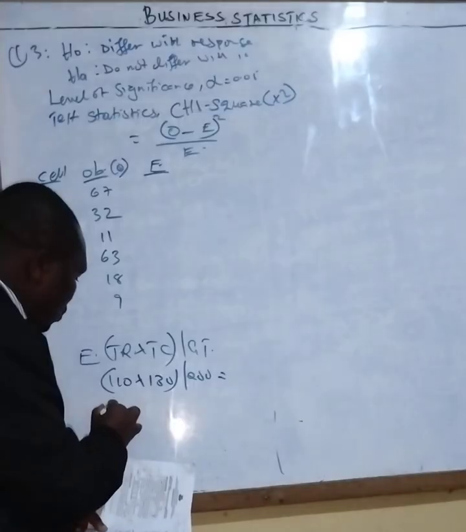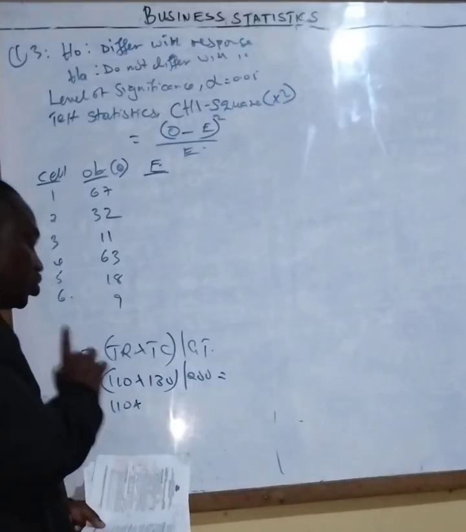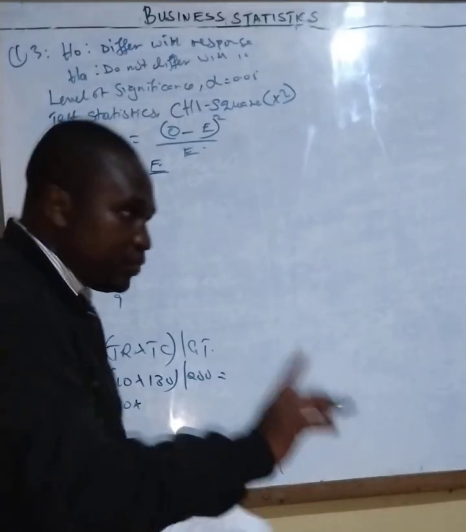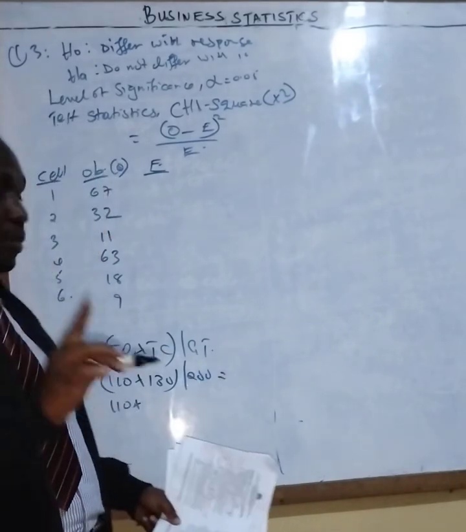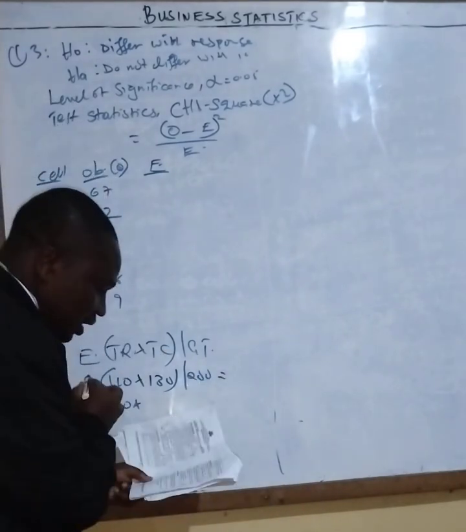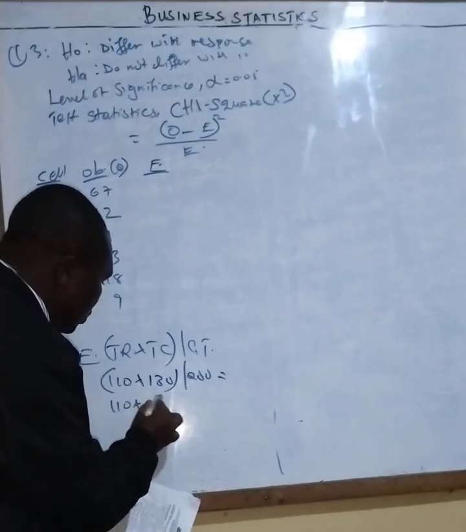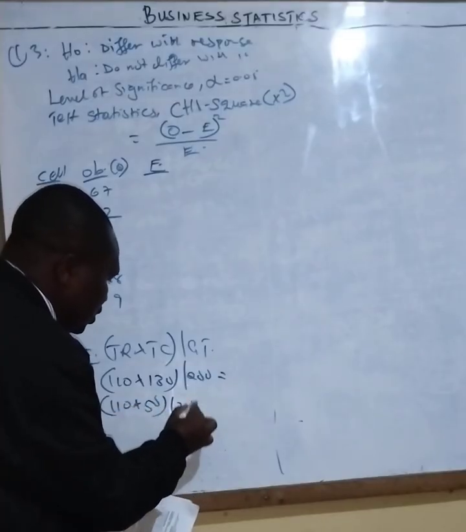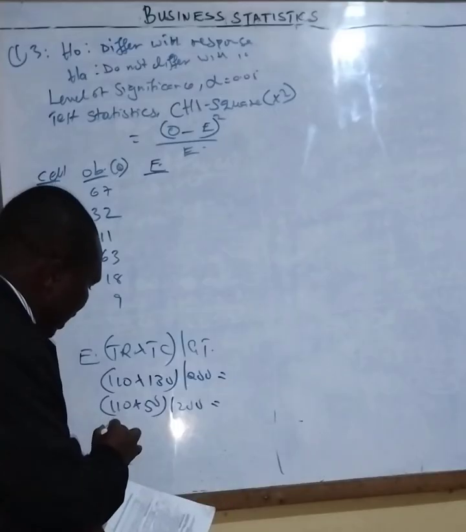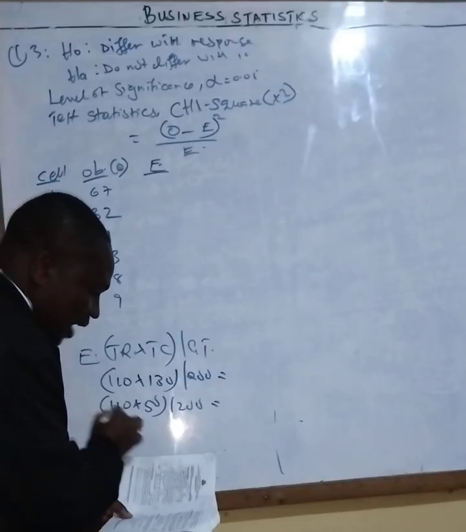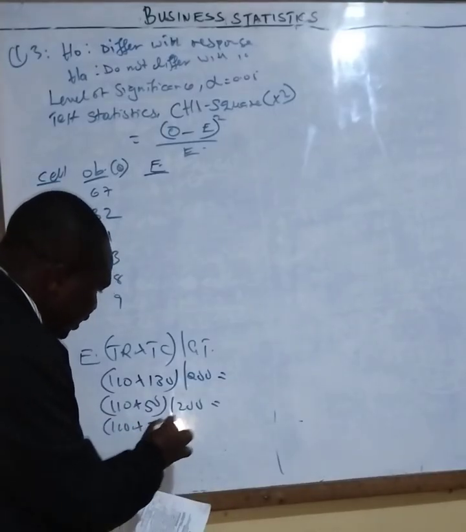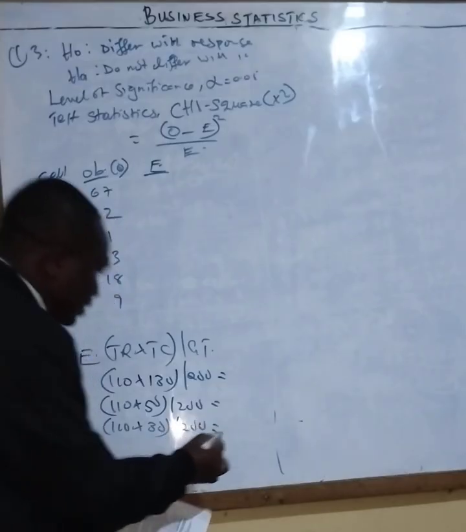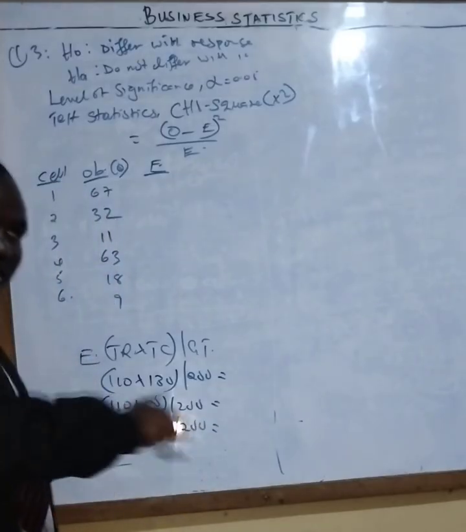The second one is still 110. You ensure that you use the entire columns first before you move to the second row. So times the second column is 50. You divide this by 200. You get the answer. Then we still have 110 times 20. You divide this by 200. You get the answer. So you are now through with the first row.